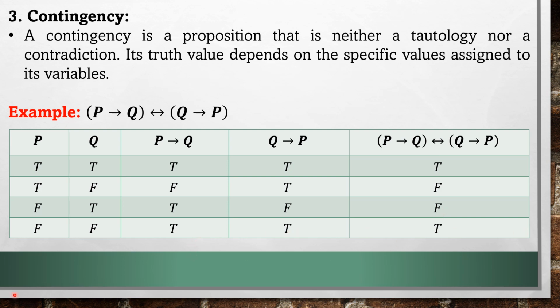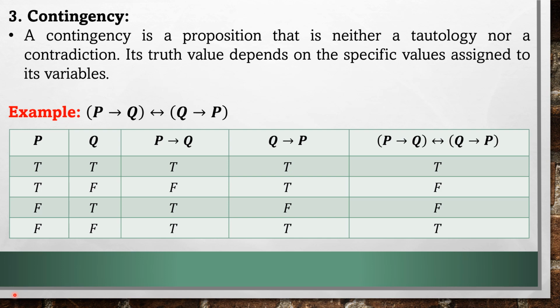Okay? So, makikita po natin dito sa table na to, no? Na magkaiba yung ating result. Pwedeng false, pwedeng true. Okay? So, again, nakadepende po ito sa specific truth values na naka-assign sa ating P and Q. Or, pwede pong kapag ang ating P or Q or both ay true, then the entire proposition is true.